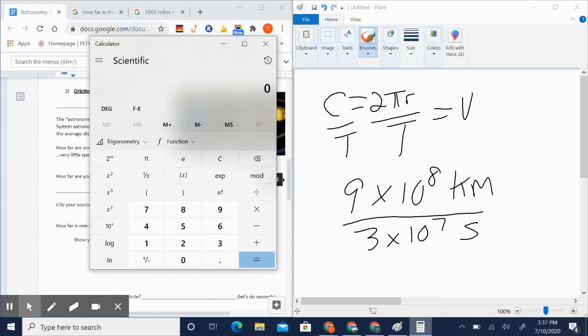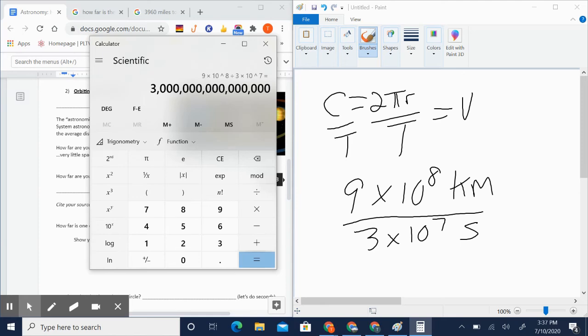And if they type it in that way, if they say 9 times 10 to the power of 8 divided by 3 times 10 to the power of 7 equals, they'll get a very impressive number, which is many millions or billions of times faster than the speed of light, and they'll write it down without thinking about it and move on with their life. So they've typed it in that way.